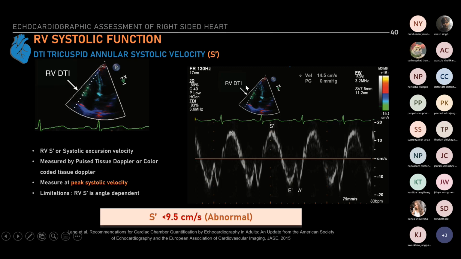Then turn on tissue Doppler imaging, and you will get this waveform. After that, measure the peak systolic velocity. So abnormal RV function is less than 9.5 centimeters per second.